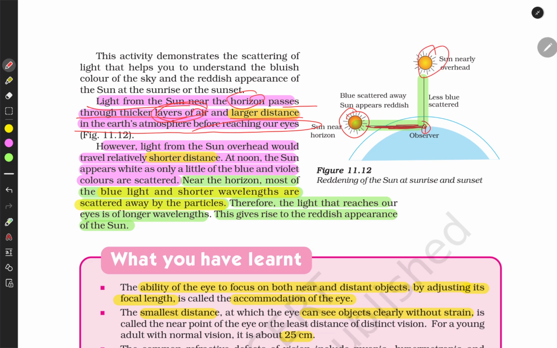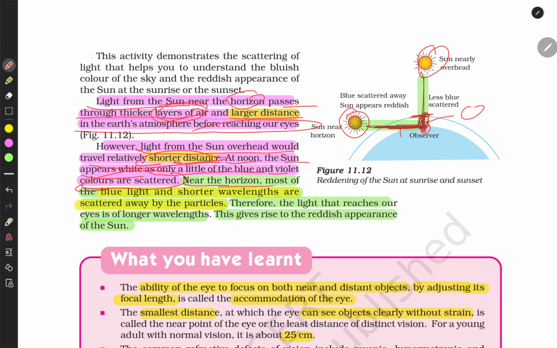And when the sun is overhead, it has to travel comparatively less atmospheric distance, so there is less possibility of scattering. Light from the sun overhead travels a relatively shorter distance. At noon, the sun appears white as only a little of the blue or violet color scatters.